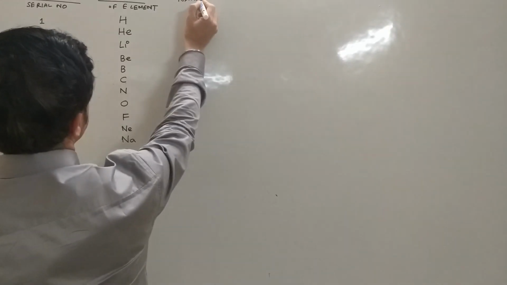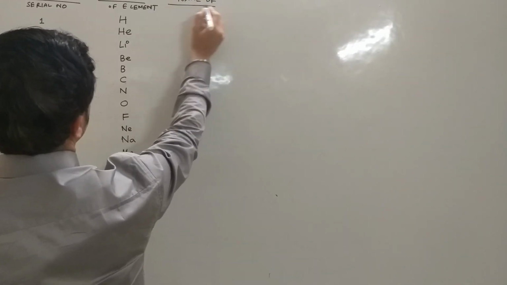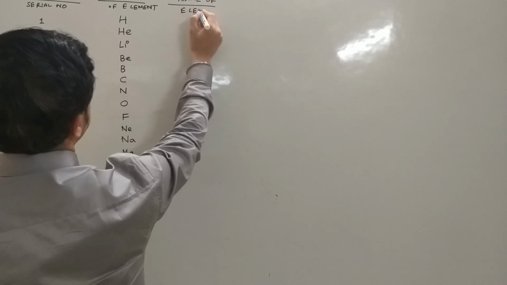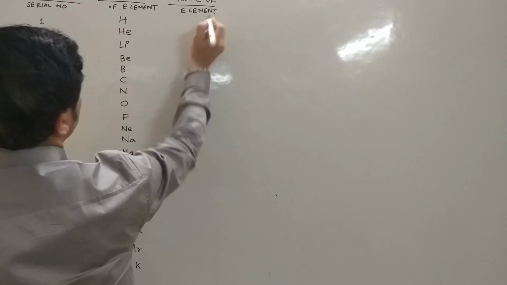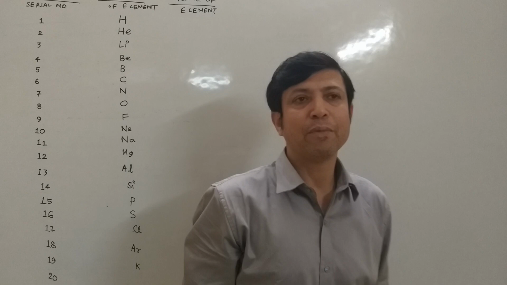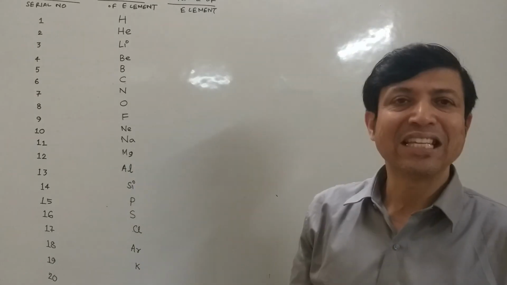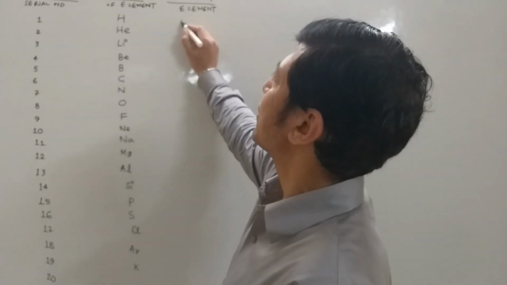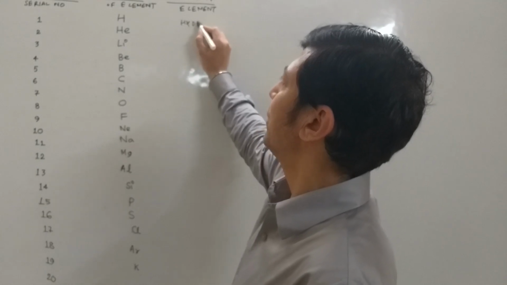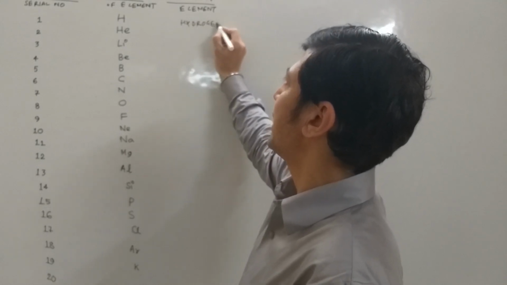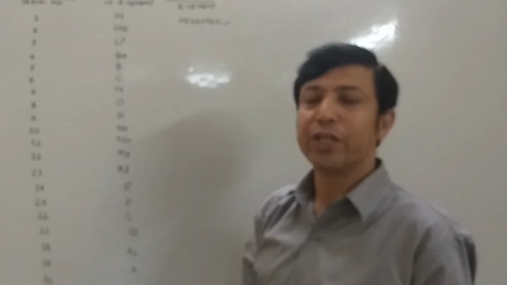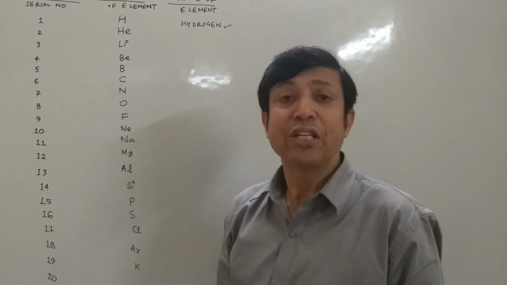So what is the name of the element? Who can tell me the name of the element? So atomic number 1 or serial number 1 is H. H stands for hydrogen. The name of the element is hydrogen. Then second is He.